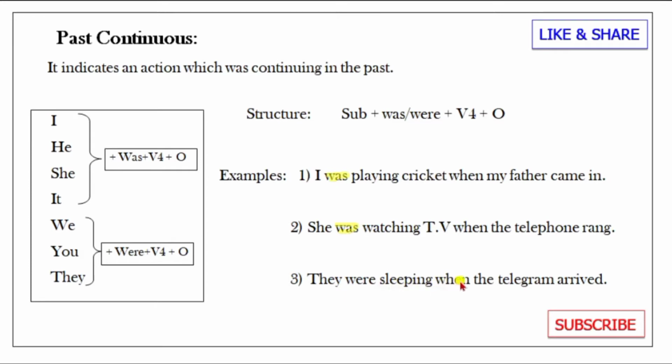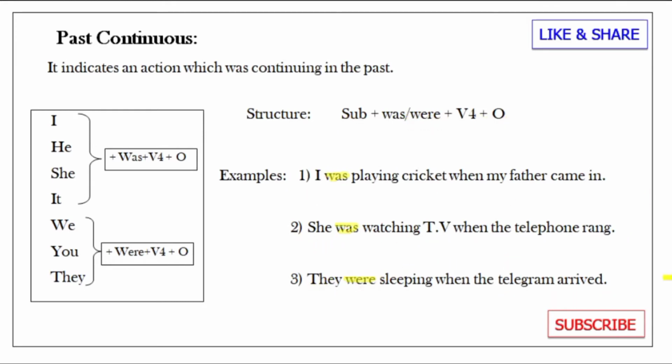They were sleeping when the telegram arrived. Here the telegram arrived is a past action. At that time, what were they doing? They were sleeping. So that is a continuous action in the past. So then we are constructing it in past continuous tense. According to this structure, we constructed these sentences.